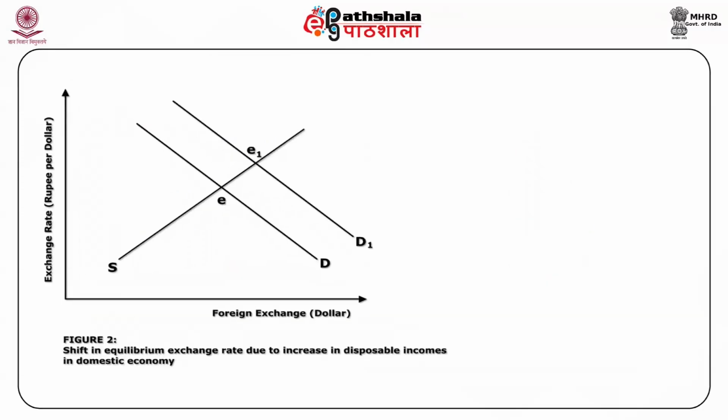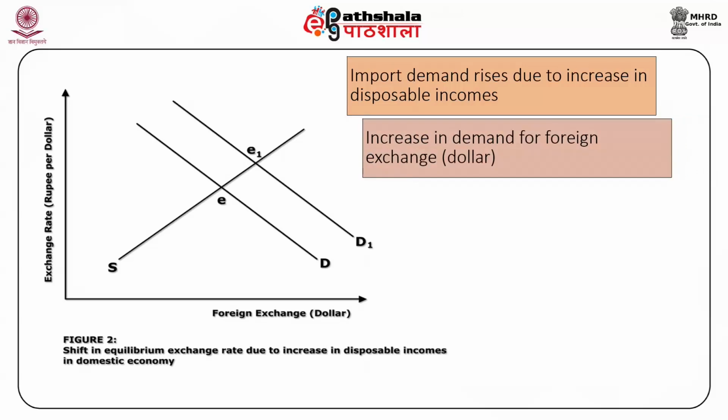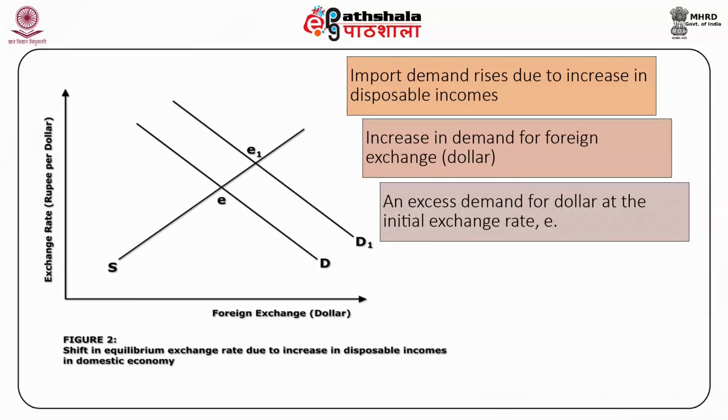In the diagram, the demand curve shifts from D to D1 as import demand rises due to increase in disposable incomes. Other things being equal, higher import demand leads to an increase in demand for foreign exchange, dollar, creating an excess demand for dollar at the initial exchange rate E. You may note that the excess demand for dollars is essentially an excess supply of rupees as people exchange rupee for dollar.